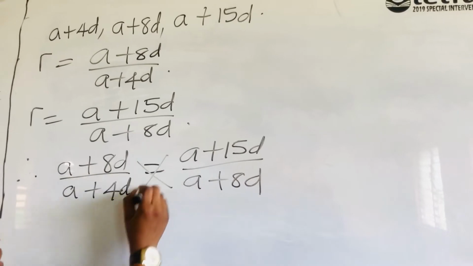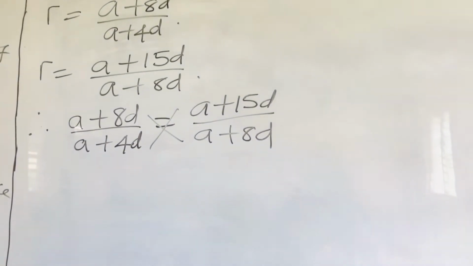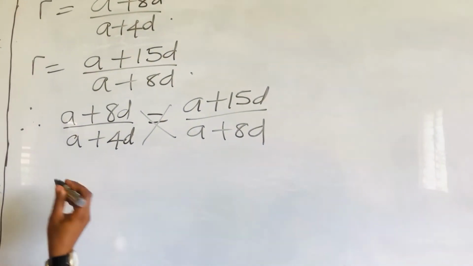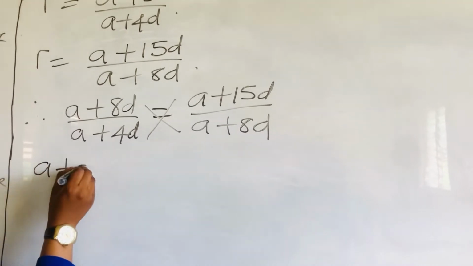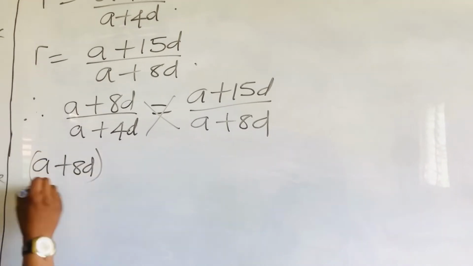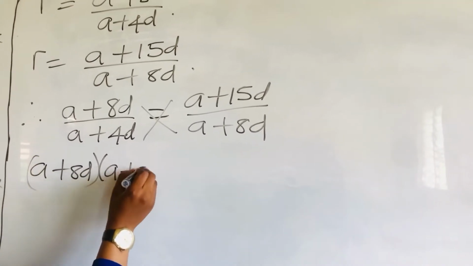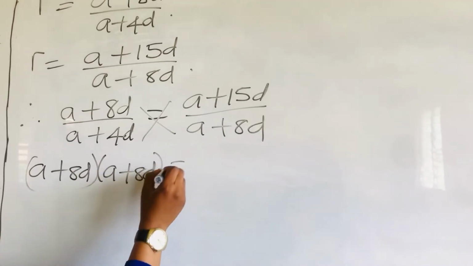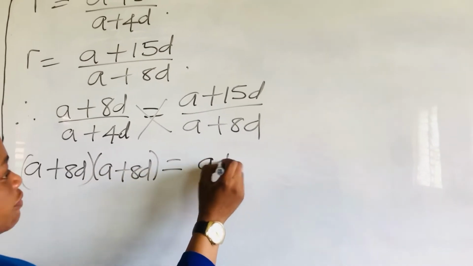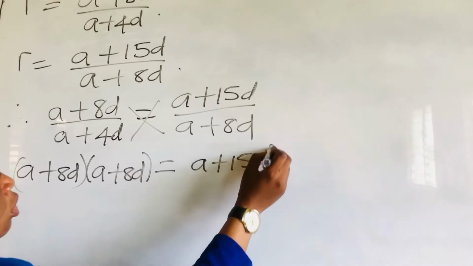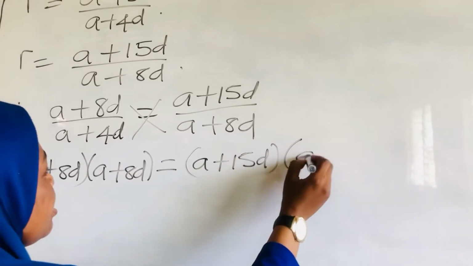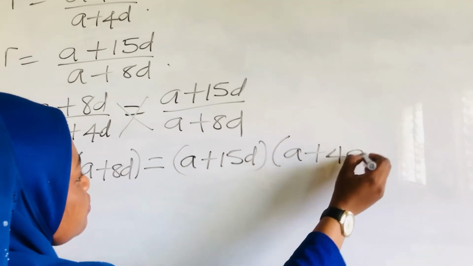So cross multiplying gives a plus 8d multiplied by a plus 8d is equal to a plus 15d multiplied by a plus 4d.